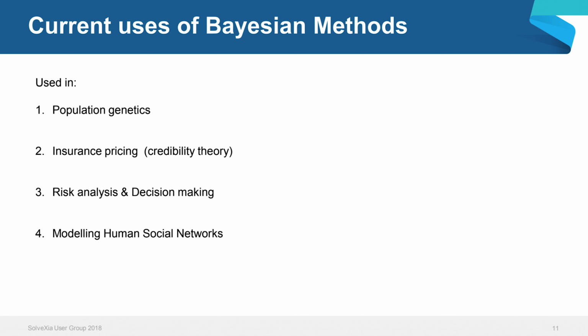So how is it currently used in society today? It's quite popular in population genetics, where people use it to predict how genes vary across populations. It's also quite popular in some insurance pricing via credibility theory.